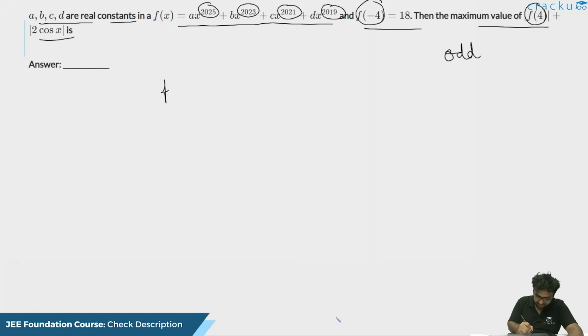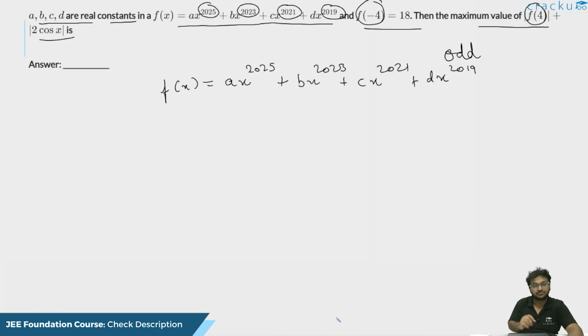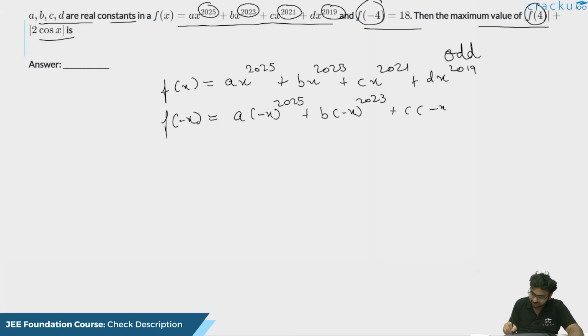If f of x is equal to ax to the power 2025 plus bx to the power 2023 plus cx to the power 2021 plus dx to the power 2019, if we replace x with minus x, this is a into minus x to the power 2025 plus b into minus x to the power 2023 plus c into minus x to the power 2021 plus d into minus x to the power 2019.